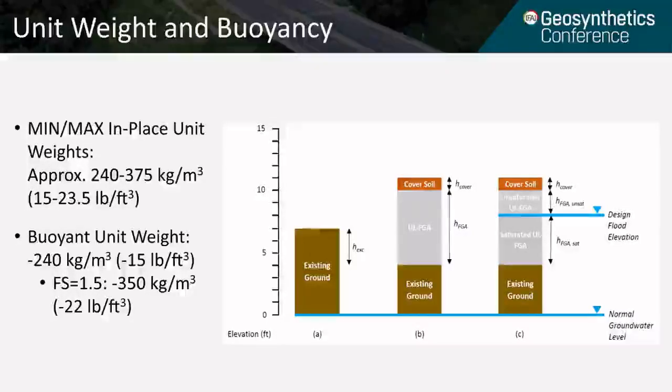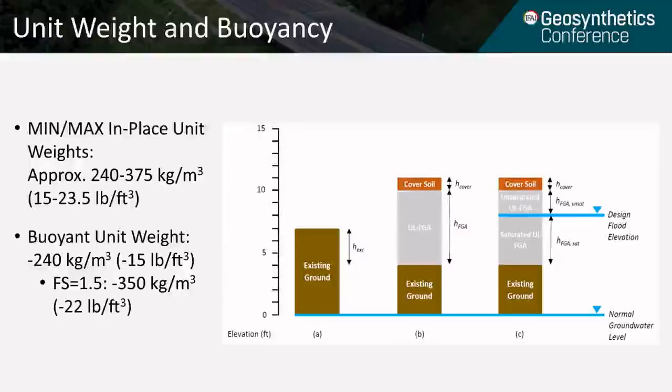Applying a factor of safety of 1.5, that leads to a design buoyant unit weight of minus 22 pounds per cubic foot. So the situation shown in Figure C should be checked to make sure that in the event of a flood, the buoyant force from the saturated foam glass is counteracted by the cover material and unsaturated part of the layer above the flood elevation.